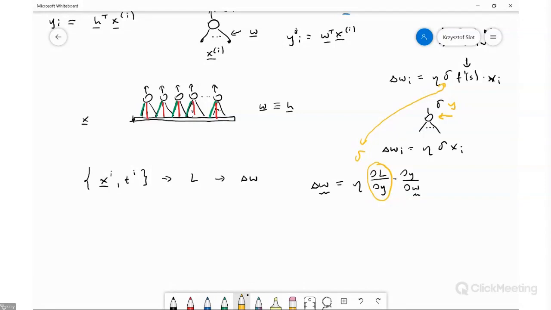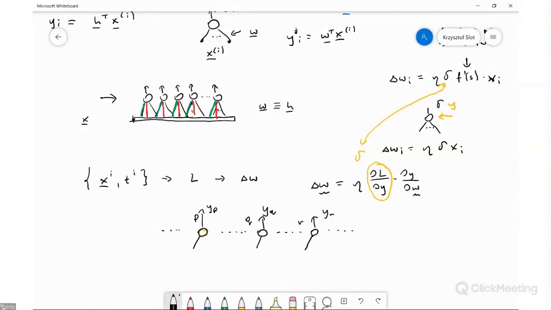The neuron I'm interested in will be in this layer. I have some neuron at the location P, so this will be YP. There will be another neuron at the location Q, so there will be YQ. There will be another neuron at the location R, and so forth. There will be more neurons.